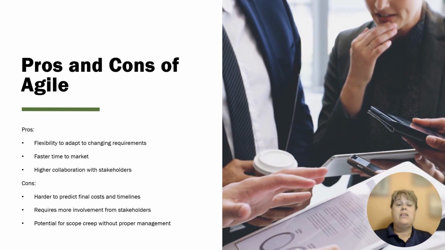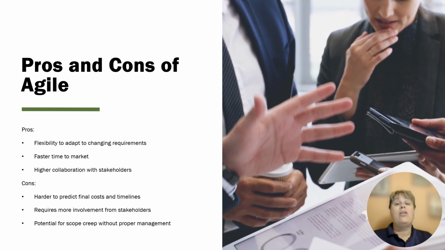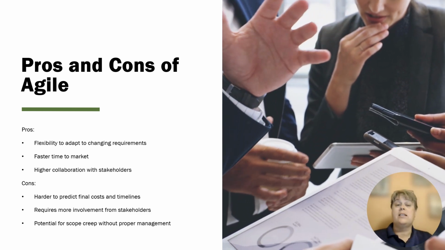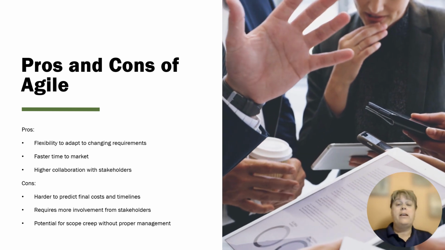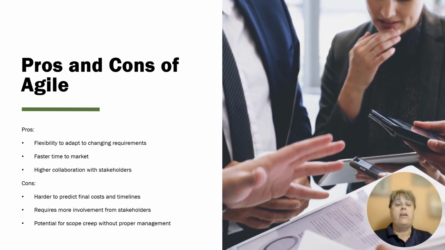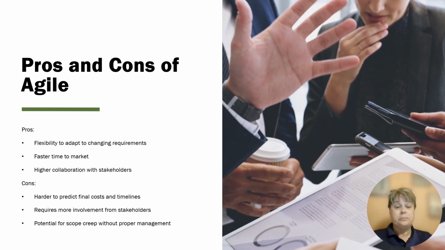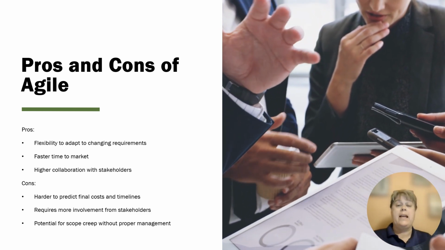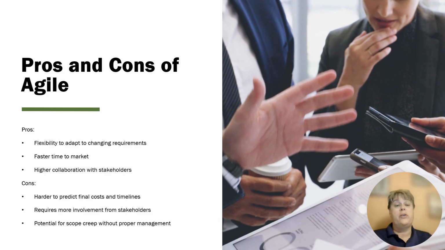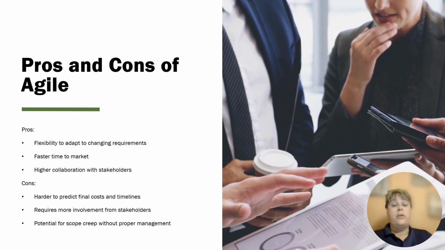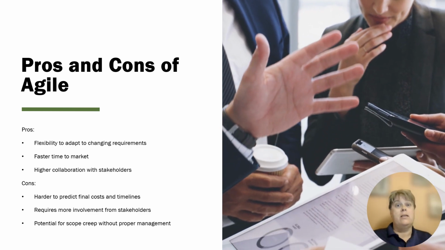However, because of this flexibility, it is harder to predict exact cost and timelines. Agile projects require more constant involvement from stakeholders to ensure that we stay on track. If not managed properly, there is also a risk of scope creep, where the project scope gradually expands beyond the original plan.